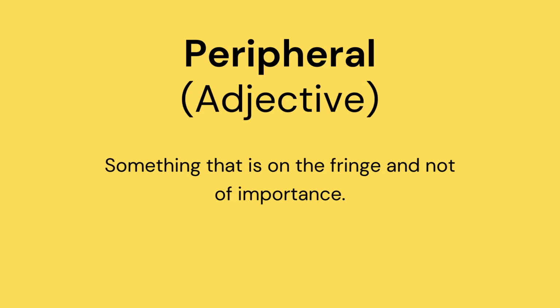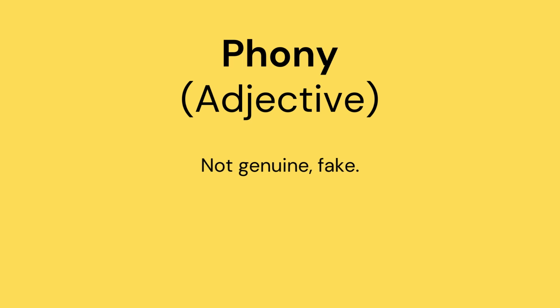Peripheral is an adjective, and it means something that is on the fringe and not of importance. Phony is an adjective referring to something that is not genuine, something that is fake.